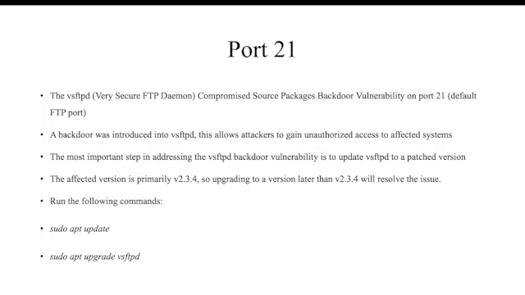The most important step in addressing this backdoor vulnerability is to update Very Secure FTP Daemon to a patched version. The affected version is primarily 2.3.4, so upgrading to a version later than this will resolve the issue. Run the following commands: sudo apt update, sudo apt upgrade vsftpd.